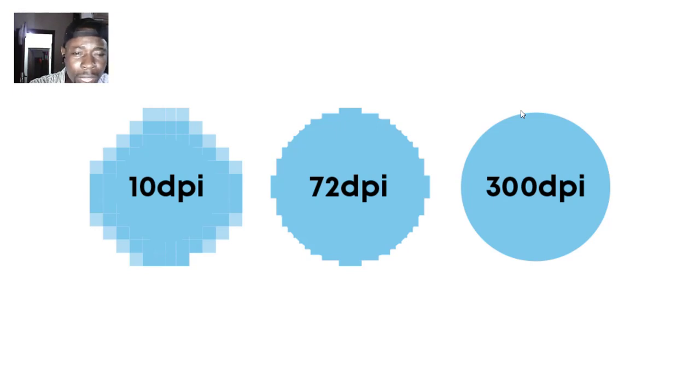When you have a 300 dpi image, possibly you will not have issues. Most of the time, some persons will want to convert a 10 dpi image into a 300 dpi image. It's already pixelated.